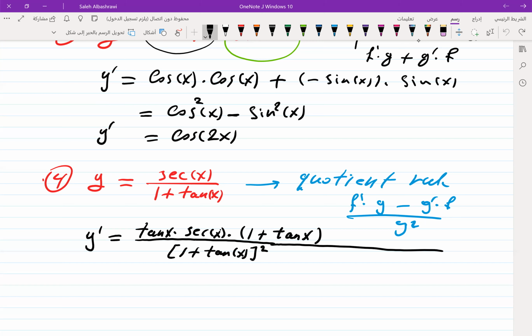So we are done with the first part of the quotient, minus the derivative of the denominator, 1 plus tangent. The derivative of 1 is equal to 0. Tangent will give me secant square, multiplied by the numerator, which is secant of x.